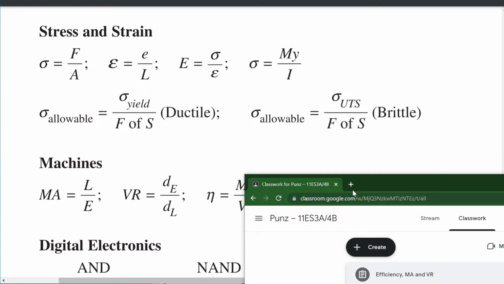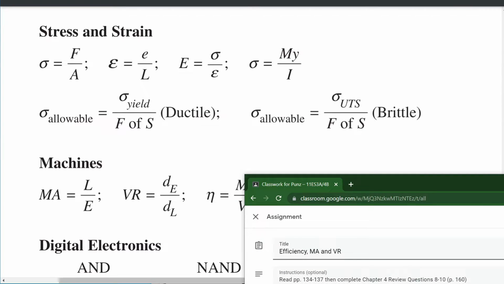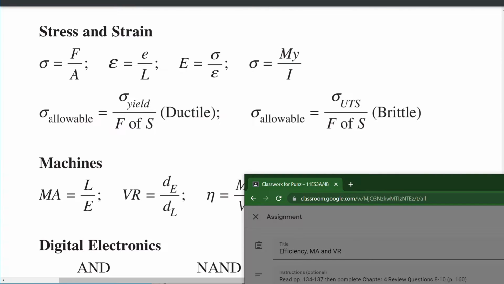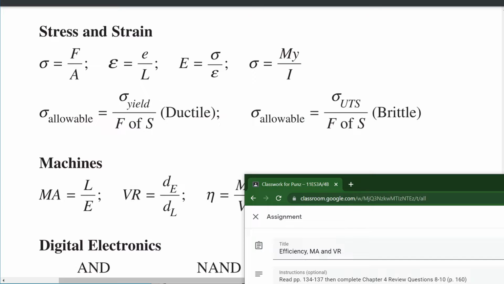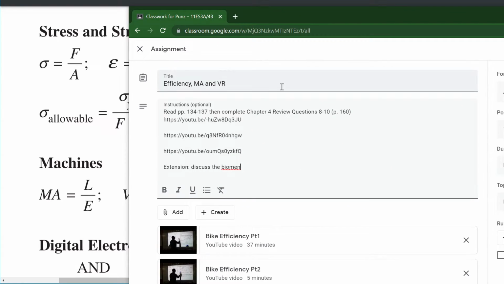The Eureka stuff didn't save. What I'm typing is I've decided to make it an extension.